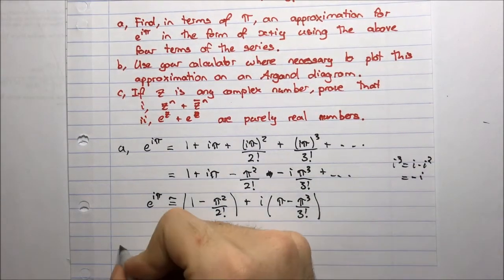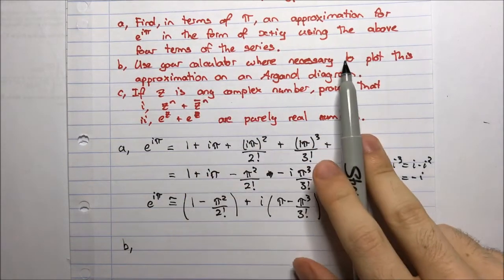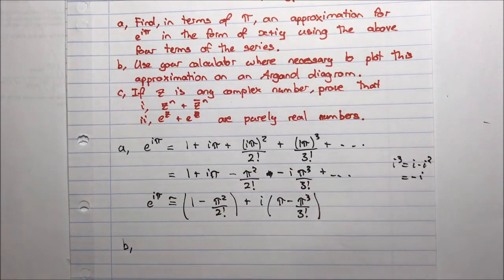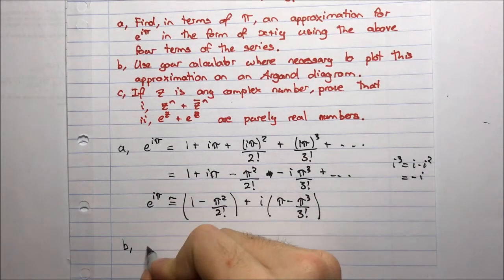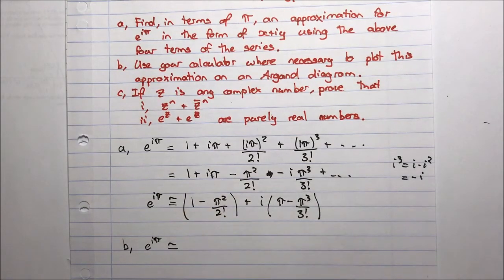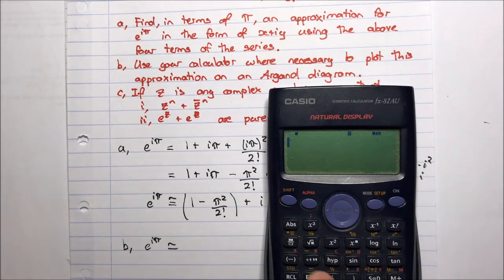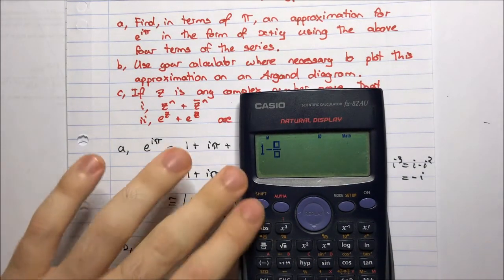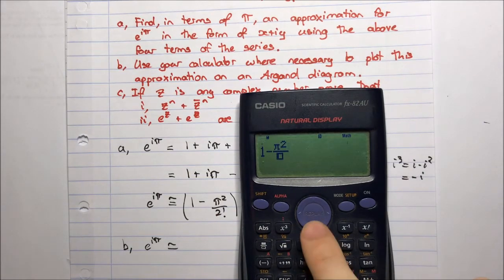For part B, we have to use our calculator to plot this on the Argand diagram. So, using our calculator, we would get that e to the i pi is approximately equal to, now let's have a look, 1 minus pi squared over 2 factorial, which is 2.